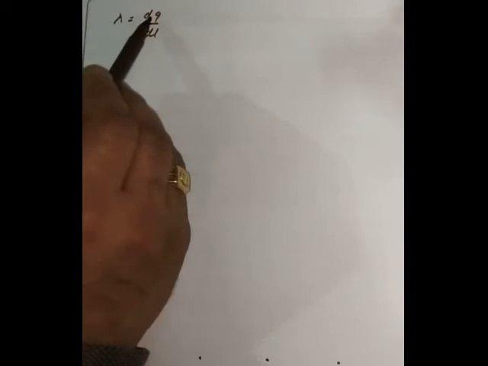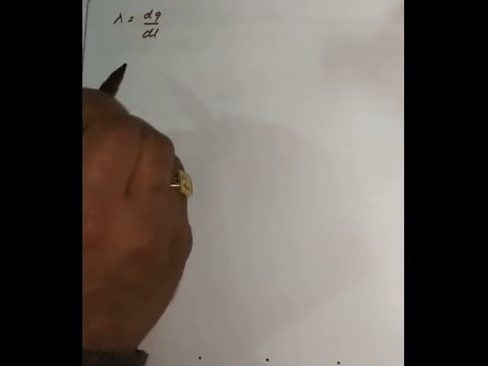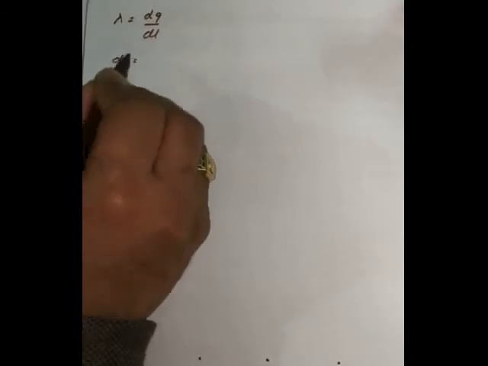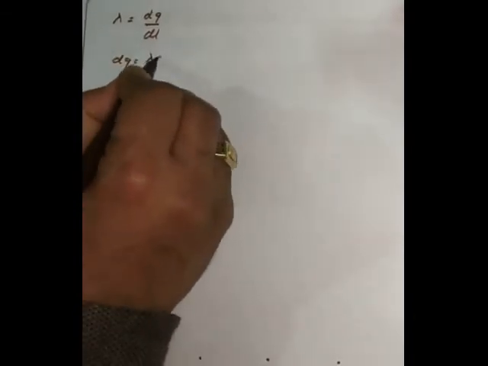We know that charge density lambda equals dq upon dl, charge per unit length. Then from here dq equals lambda dl.